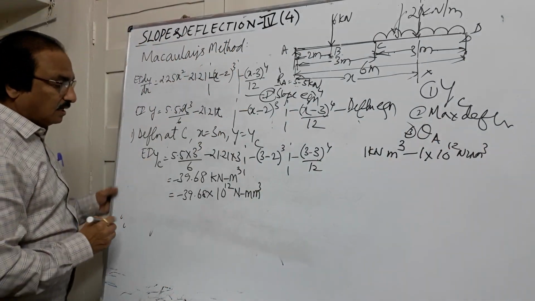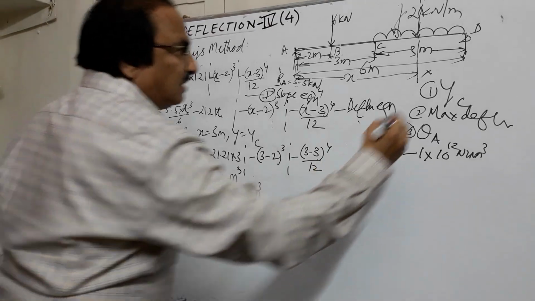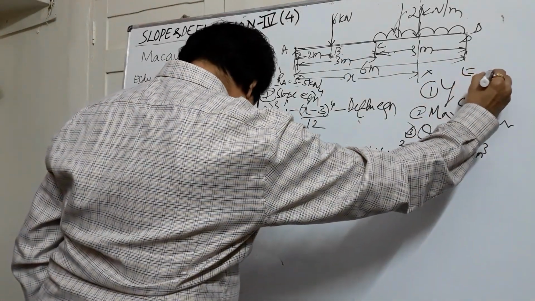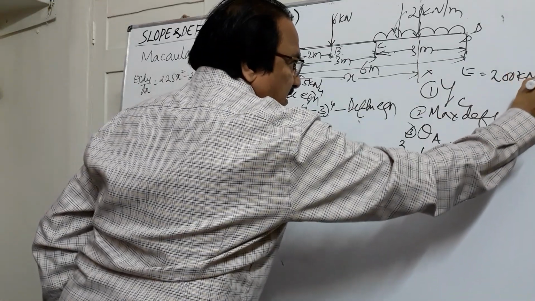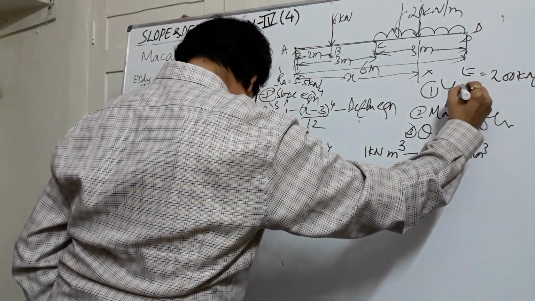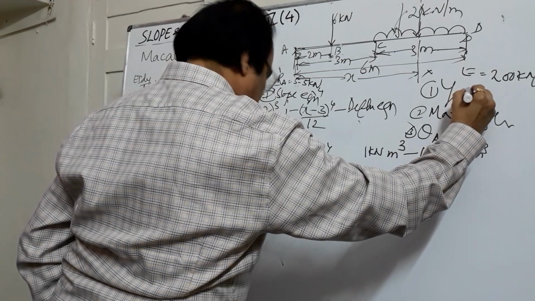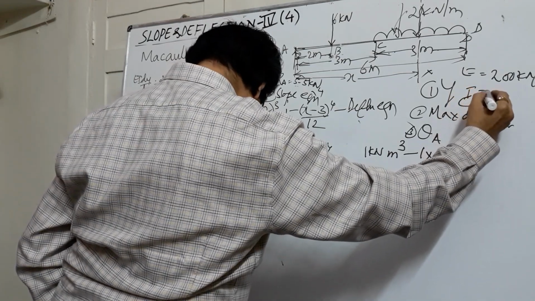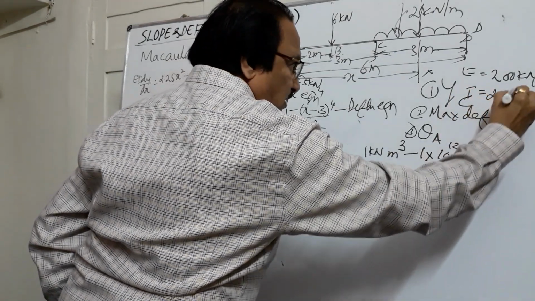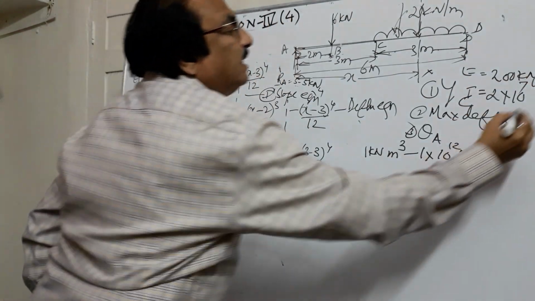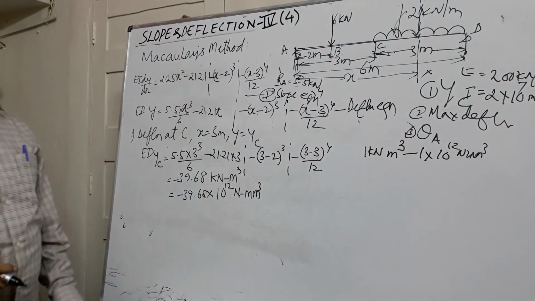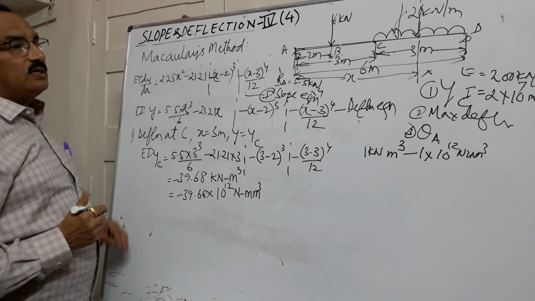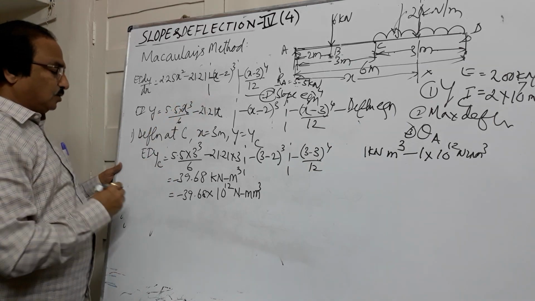Now suppose in the problem E is 200 kilonewton per mm square, and I, the moment of inertia of the section, is 2 into 10 to the power of 7 mm raised to 4. These are the data given to you in the problem. E is given, I is given. Let us substitute the values.